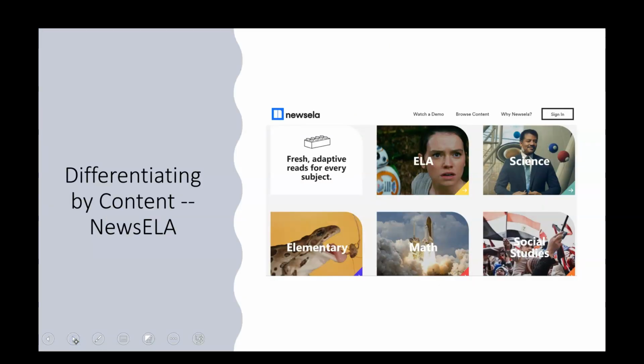So when you're differentiating by content, for example, you might be using a tool like Newsela, which lets you present readings at different levels for your students, so they can all discuss the same thing. So for example, if you were studying volcanoes, you might go into Newsela and find a reading that would be at the grade level that you're teaching, but you know that some of your students are English language learners, for example.